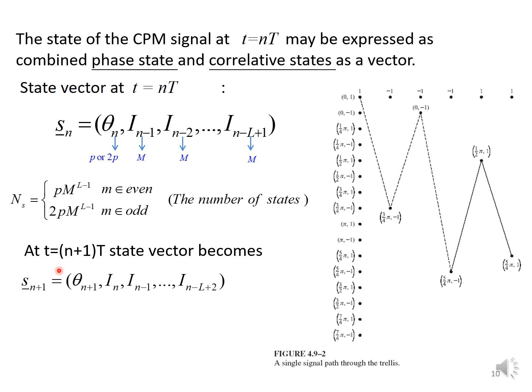And if we continue to send a signal, we have a new symbol, then the state vector would advance one more symbol, and it will be determined by the new initial phase theta and the new correlated symbols in the pulse.